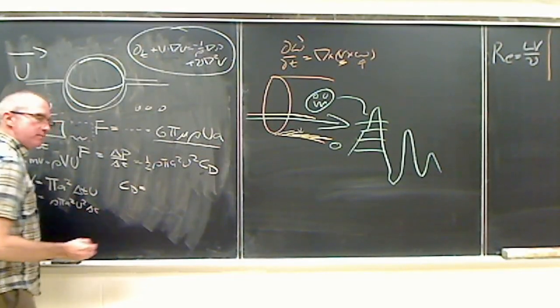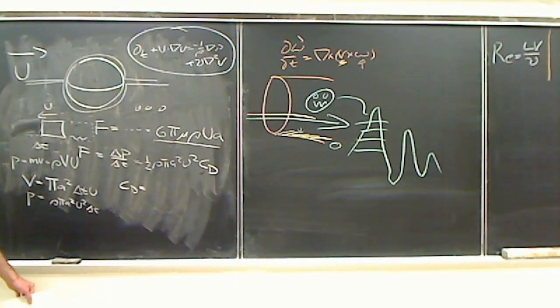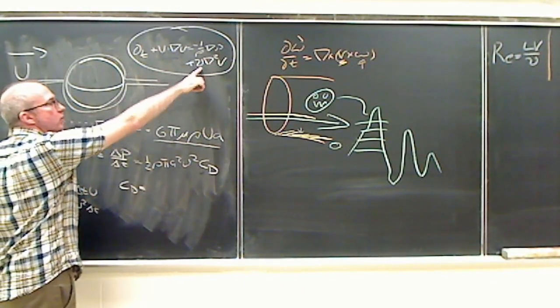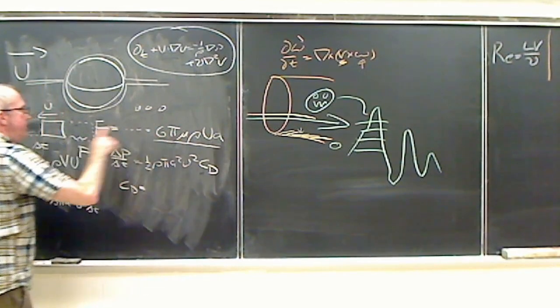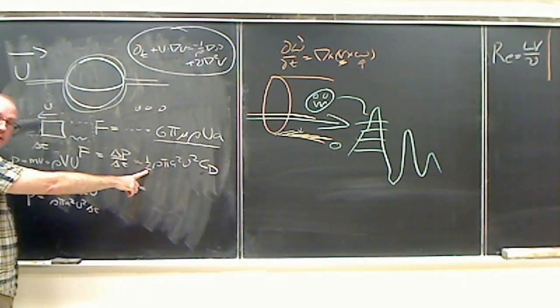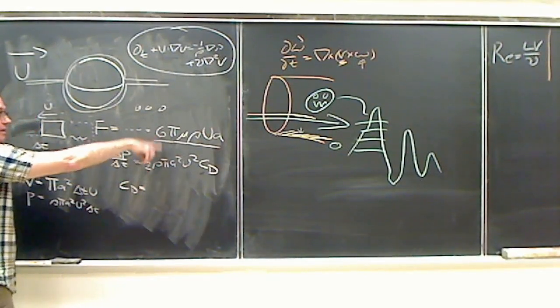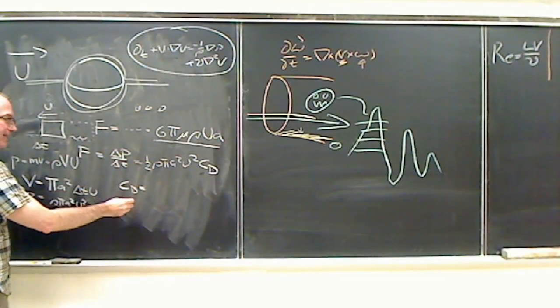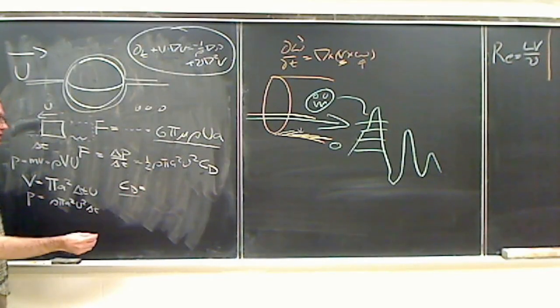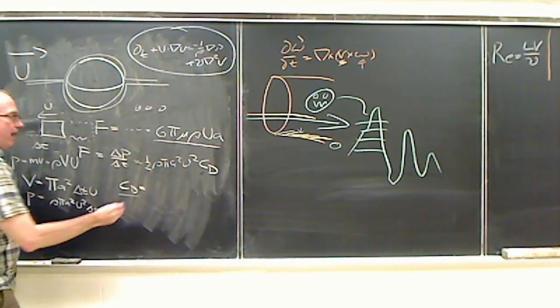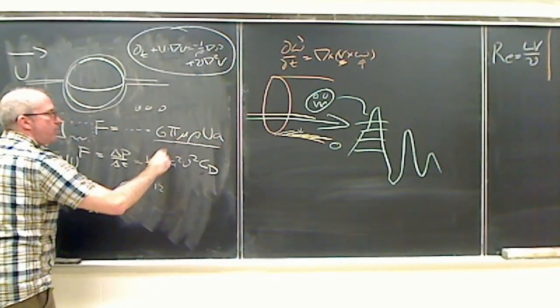I can get an estimation of what the coefficient of drag should be, because in the slow limit, this should work, and I should get this answer. And in the fast limit, this should work, and I should get this answer. And they basically should be the same system, right? So I can just set these two forces equal to each other and get an estimate of what the drag coefficient is. And there you get 12. The pi's cancel.